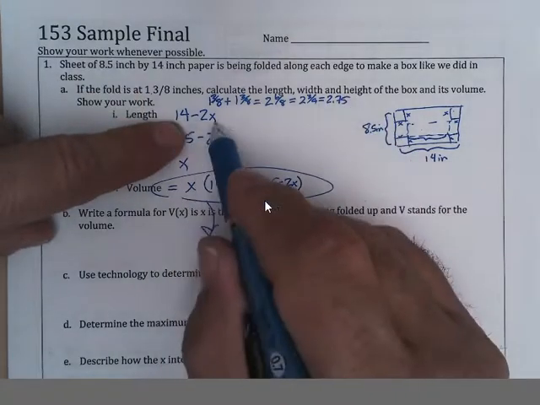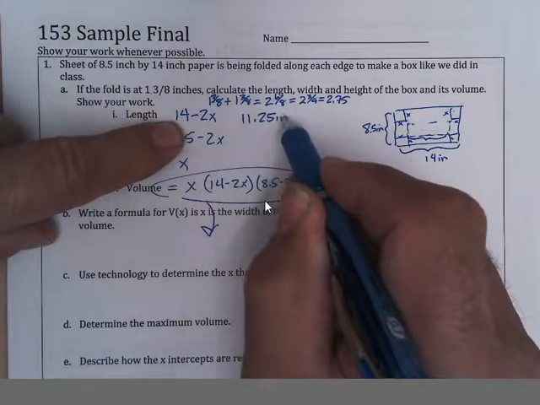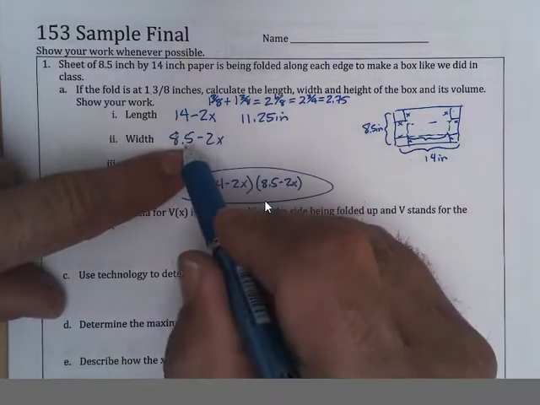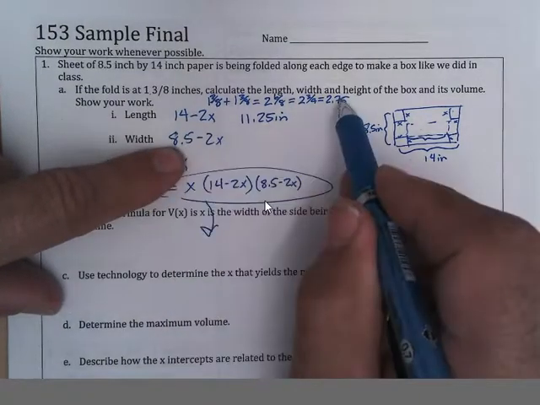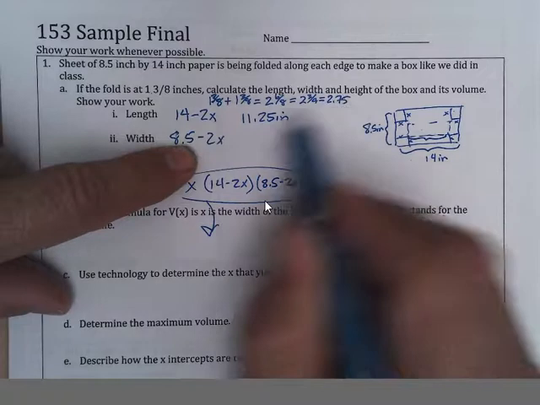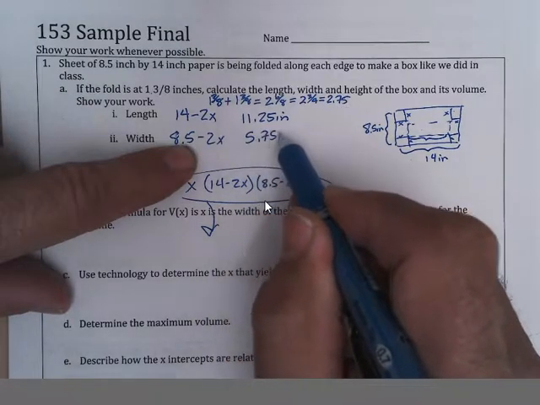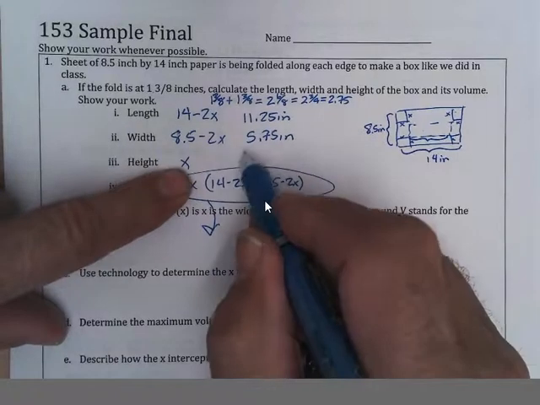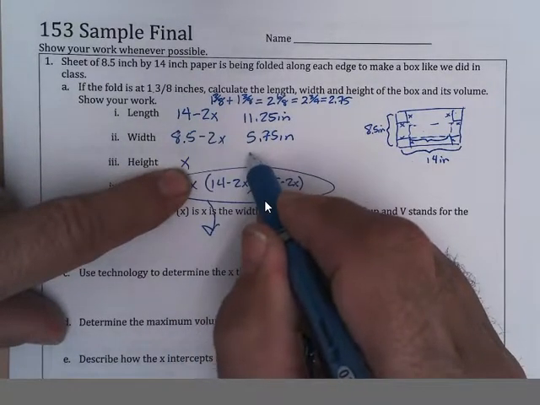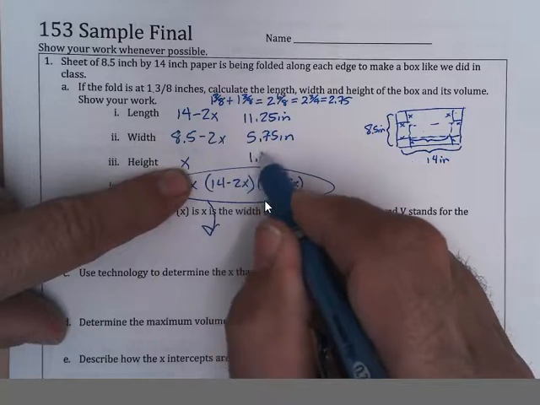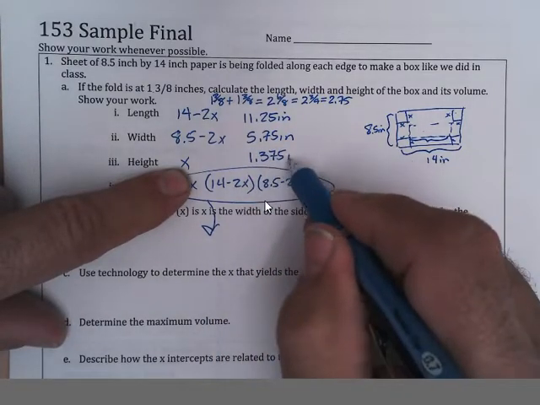So 14 minus 2.75 is 11.25 inches. This would be 8.5 minus 2.75 is 5.75 inches. And this would have to be the height, which is the 1 3/8, or 1.375 if you change 3/8 to decimal.